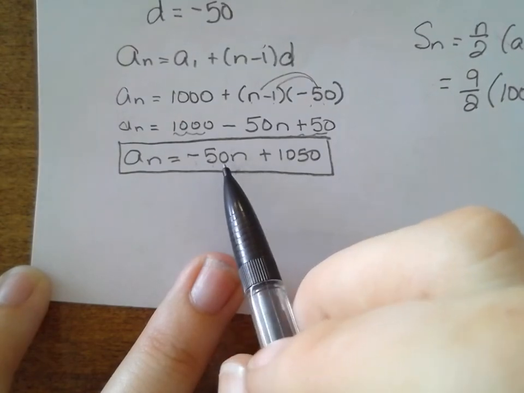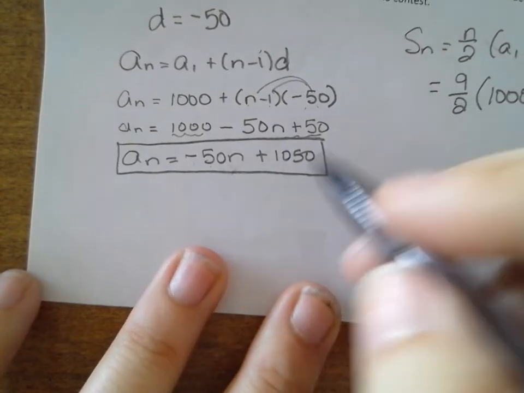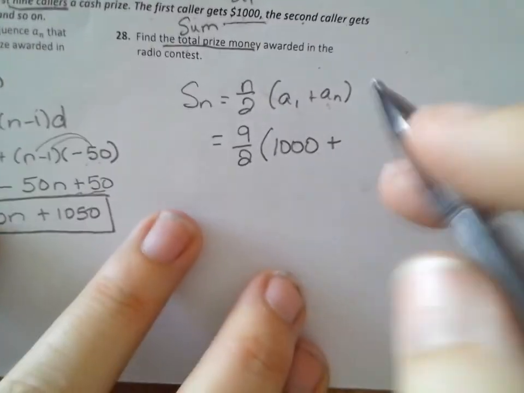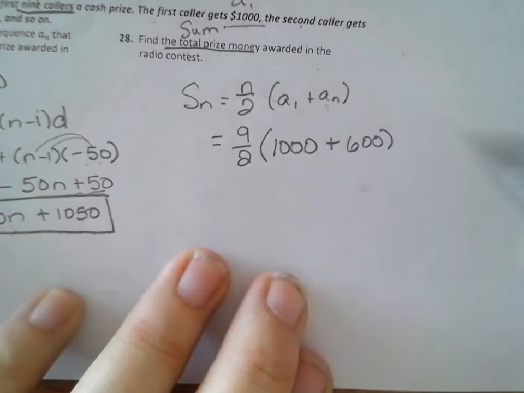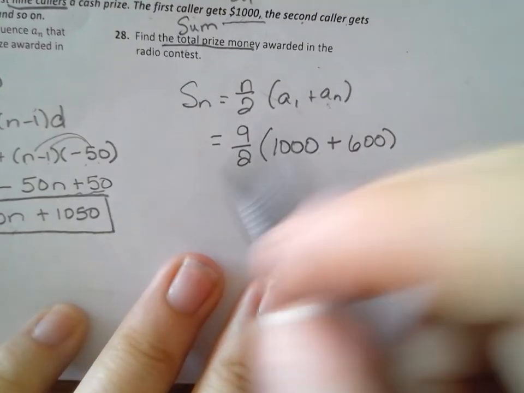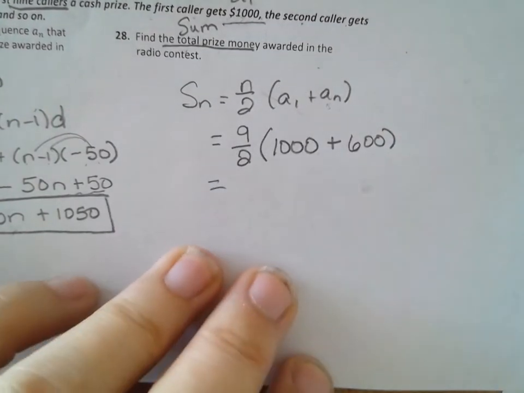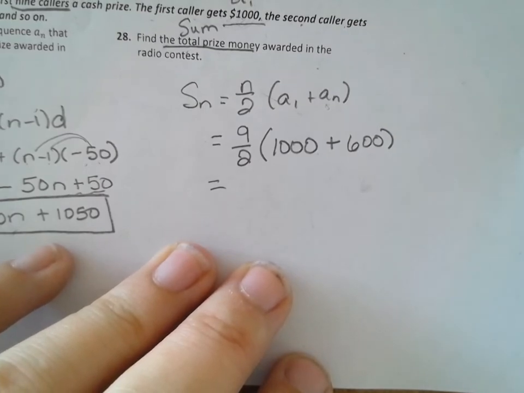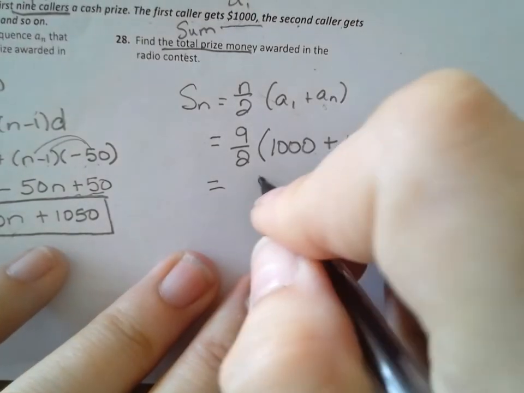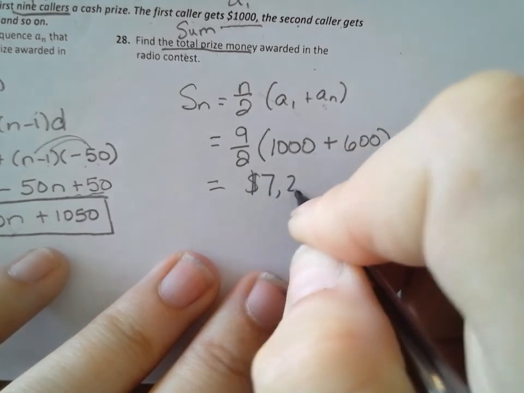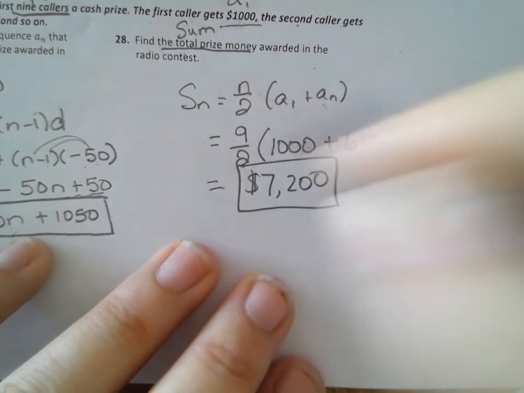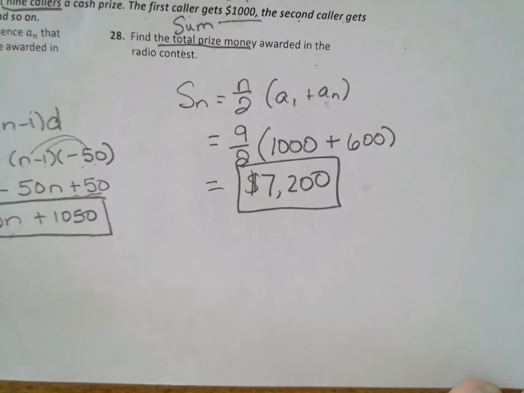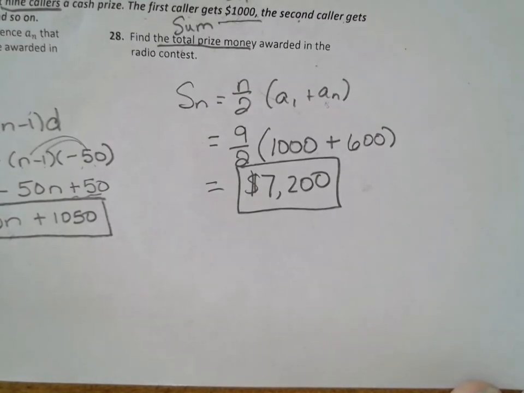Negative 450 plus 1050, is that 600? 600. You can prove that to yourself in just a moment. So plug that into my calculator. 4.5 times 1,600. And I get 7,200 as my final amount of money that I will eventually give out over the course of this contest.